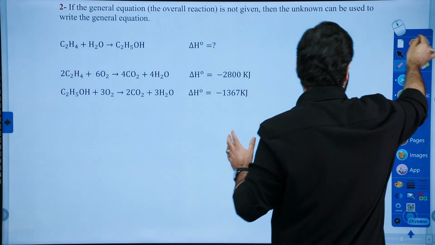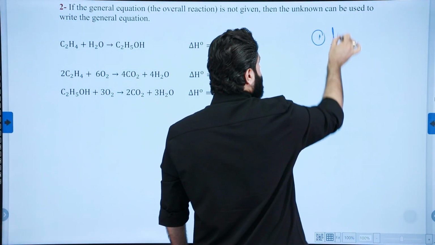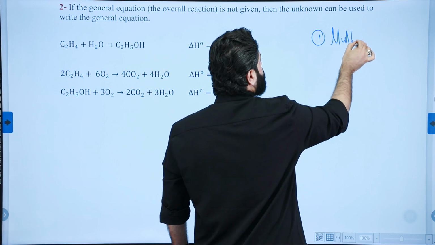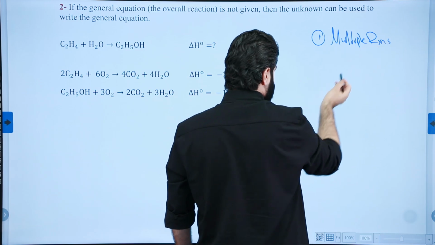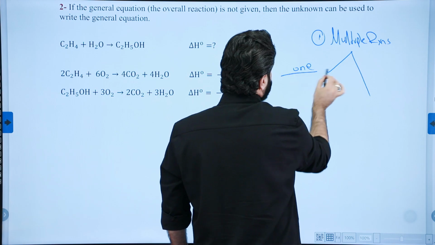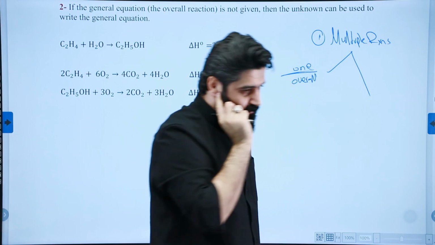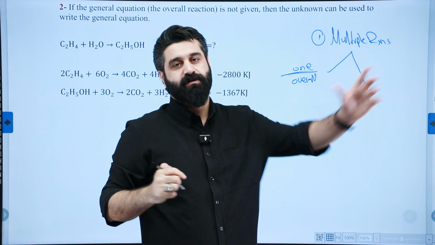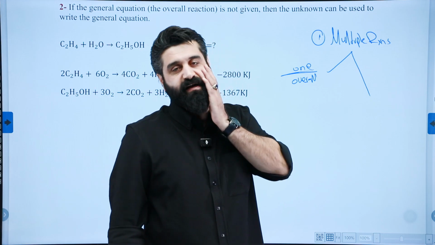How do you know if the question is related to Hess's law or not? First, there must be multiple reactions. In multiple reactions, one must be the overall. Sometimes the overall is given directly, or you should write the overall by yourself, like in the previous questions in the prior lesson.